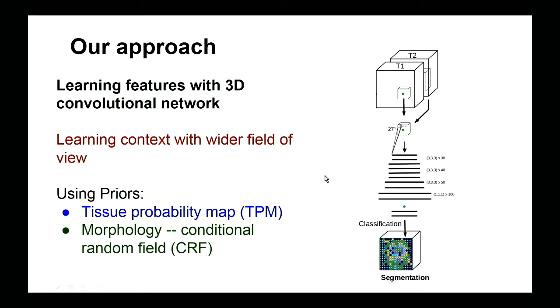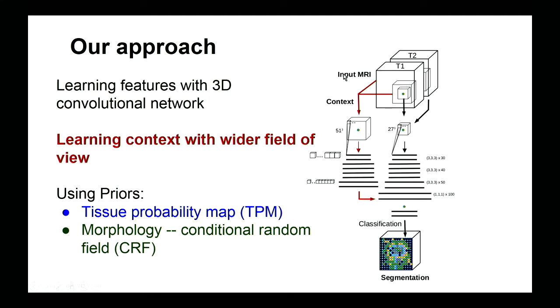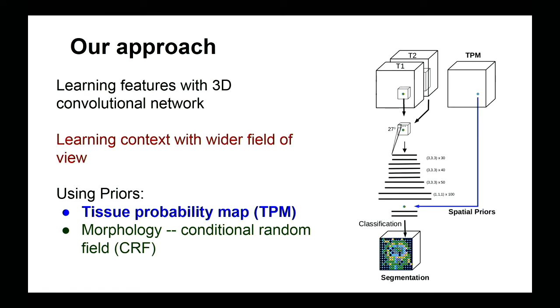So to this vanilla network, we add three models that include information specific for this task. First, we add a context pathway. This is a parallel feature learning pathway that takes a wider field of view from the input image. It's similar to the vanilla network, but takes a larger input patch at lower resolution to be aware of context.